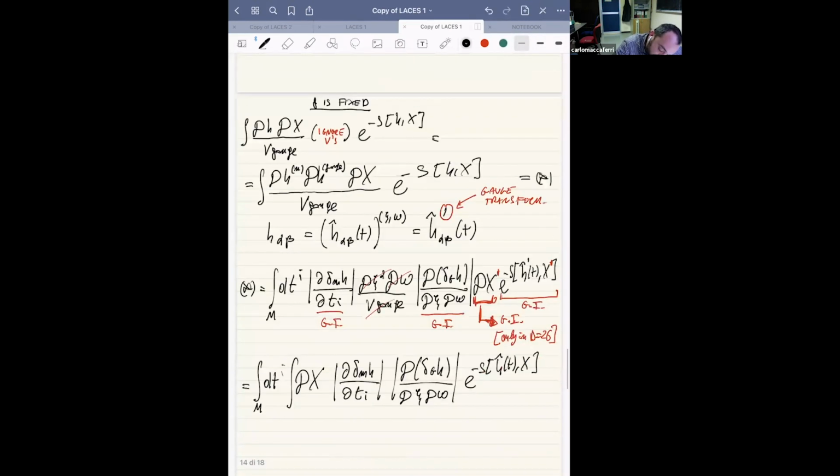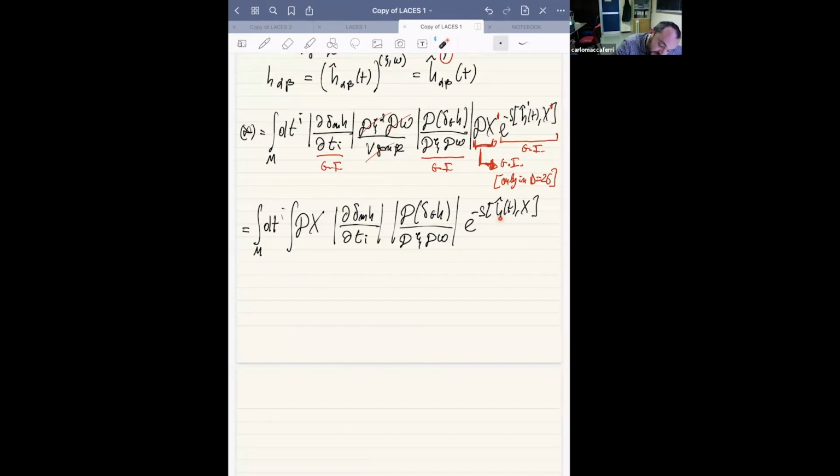The only difference is that this is the Polyakov action computed for a peculiar choice of the metric. So this is, if you want, the gauge fixed Polyakov action.